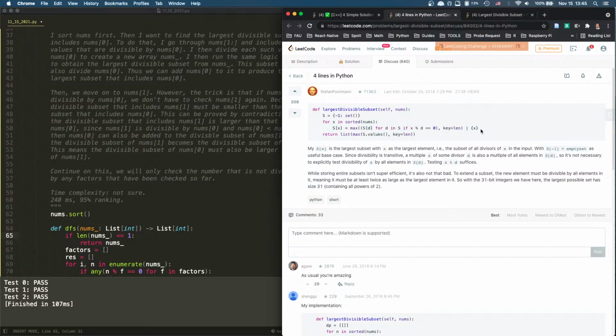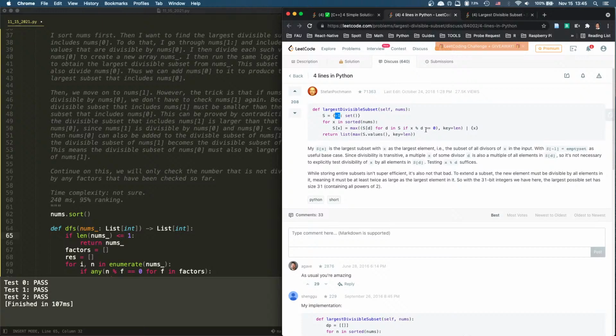I think I know what he's doing. Yeah, you only need to check divisibility by the largest. That's true, right? So we sort it, and when you go through, these are the largest factors. We go through this, and for every one we check if it's good, right?